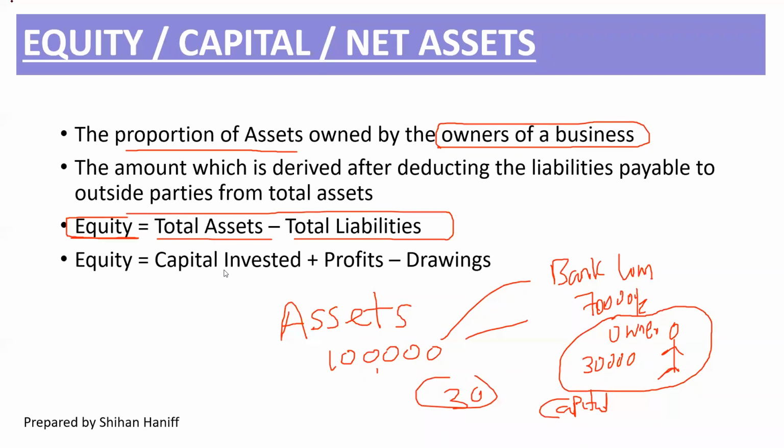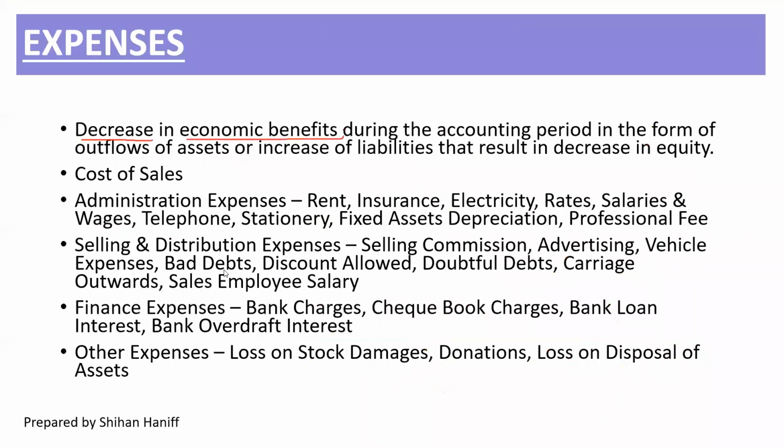Then we have expenses. Expenses are a decrease in economic benefits. That's all. Economic benefits are decreasing. Now salary: when the business pays salary, the cash will reduce.